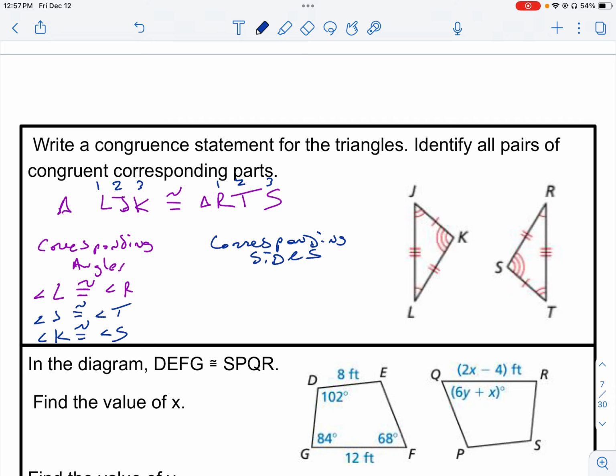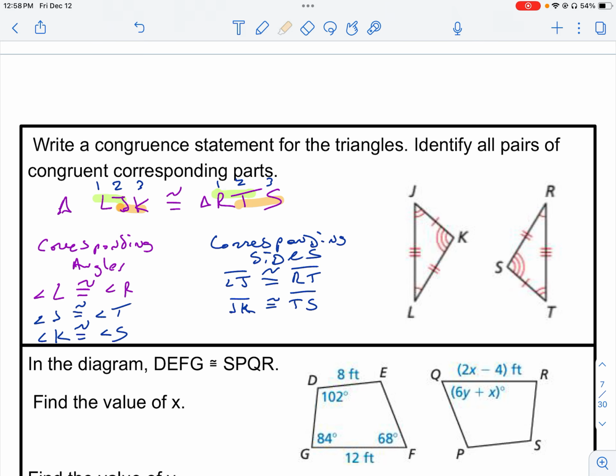So now let's name the corresponding sides. And to do that, we're going to start and do the first side. So LJ is congruent to side RT. Then we're going to go 2 and 3. So side JK is congruent to side TS.